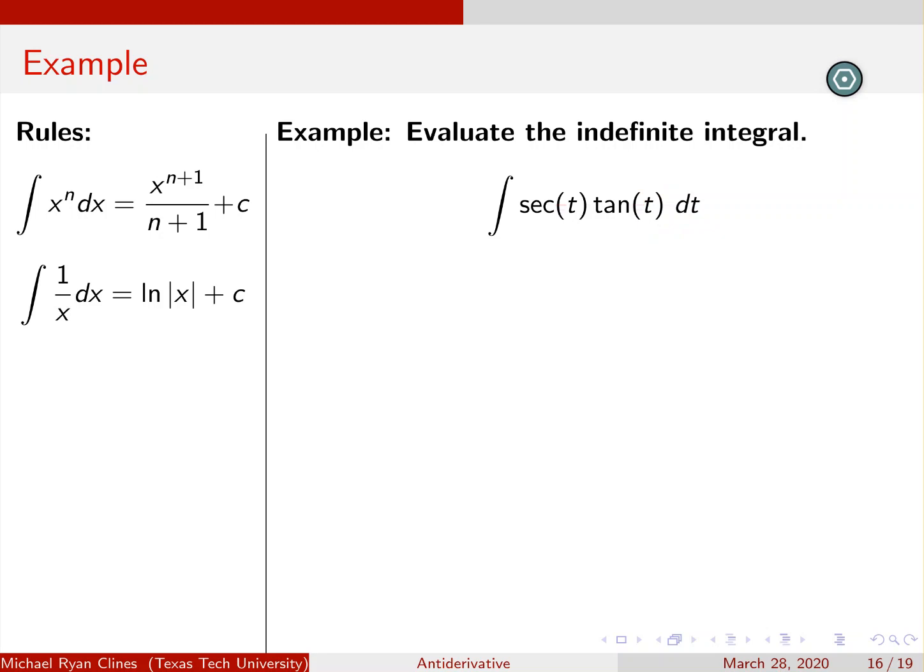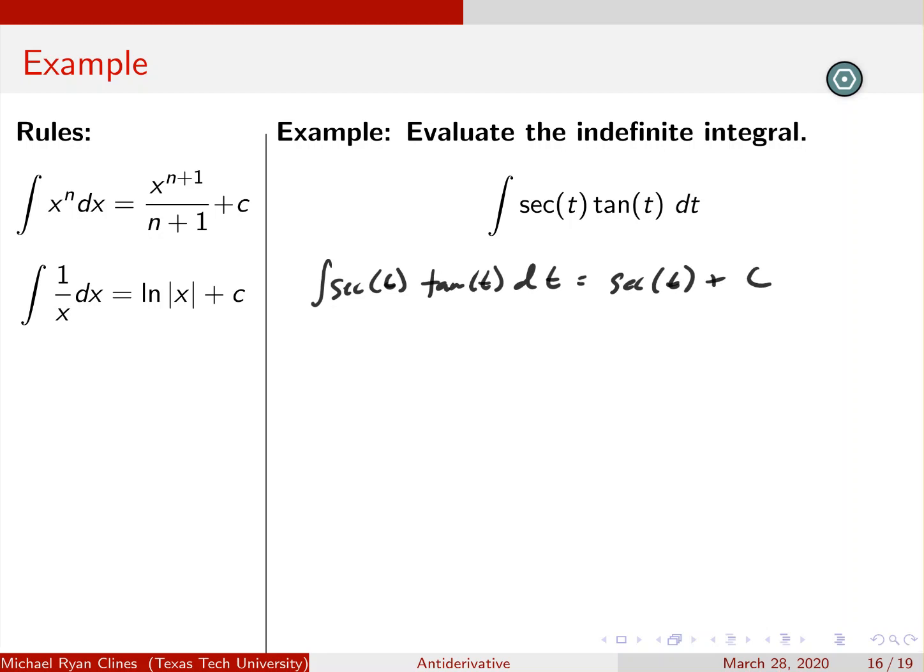Now we have to ask ourselves this question. The derivative of what is equal to secant times tangent? Well, if you remember your derivative trig rules, hint, hint, you need to know those, we get that the integral of secant t tangent t dt is equal to secant of t plus houseboat.